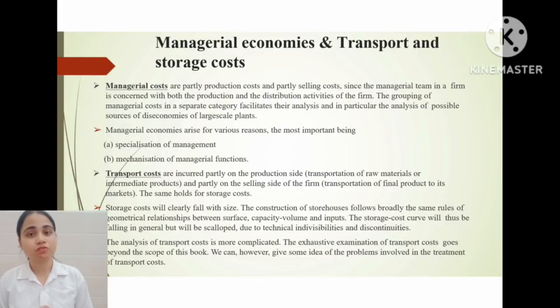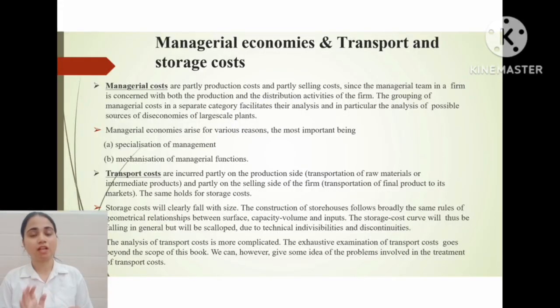The construction of a storehouse follows broadly the same rules of the geometrical relationship between the surface, capacity, volume and inputs. The storage cost curve will thus be falling in general, but there will be technical indivisibility and discontinuity, that is, how much we want to store, the cost will depend on it.